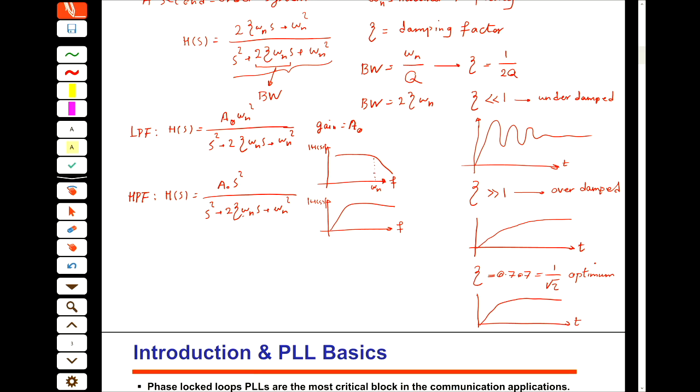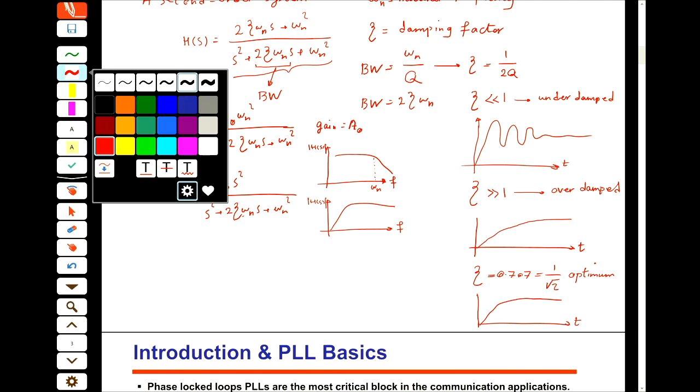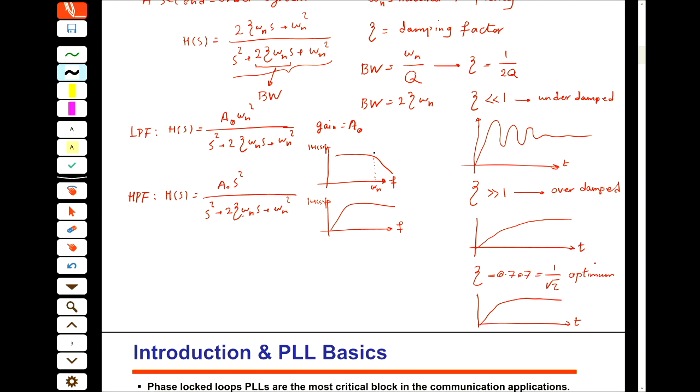This shape is what we have for optimum zeta. If zeta is much less than 1, then we have an overshoot at omega n.